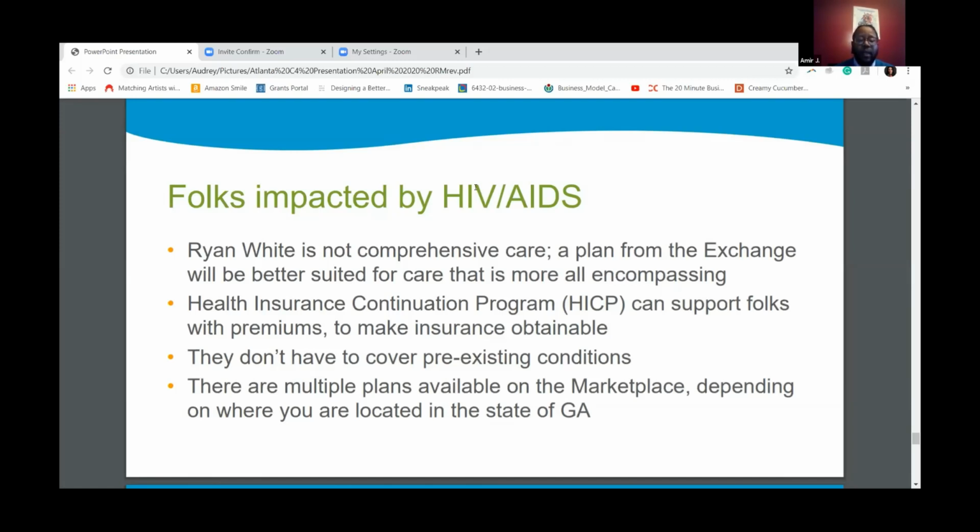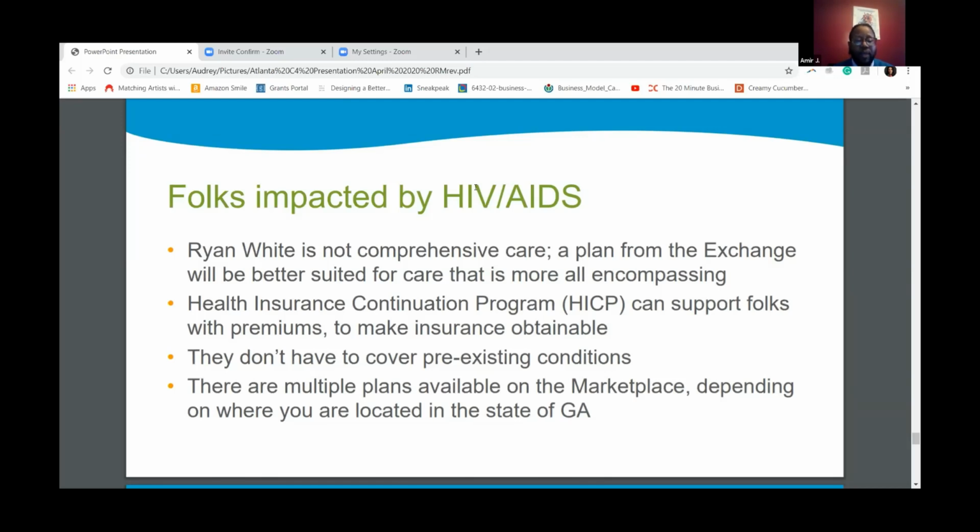And I just want to make the distinction that Ryan White is not comprehensive healthcare in the sense that all the 10 essential health benefits that we talked about earlier this afternoon are not covered by that program. So looking at the whole body, if you will, the exchange plans are available for that specific purpose.